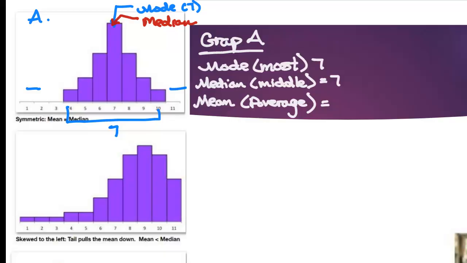And I have the same number that scored 5 as scored 9. 5 and 9 make 14, and 14 divided by 2 is 7. And the same with 6 and 8. And the 7s are already there in the middle. So yes, my mean, if I would add them all up and divide by how many there are, is going to give me 7.